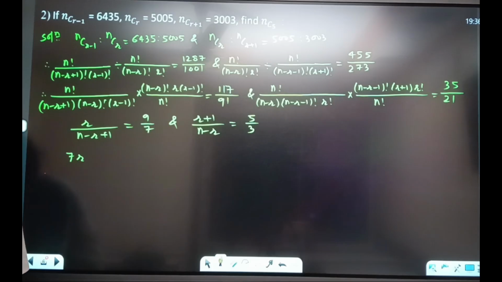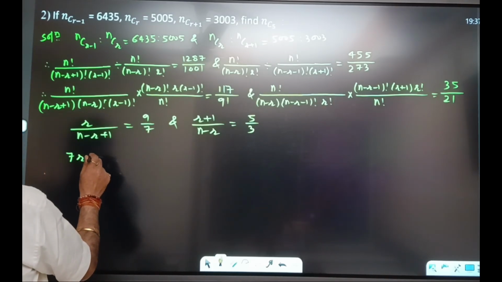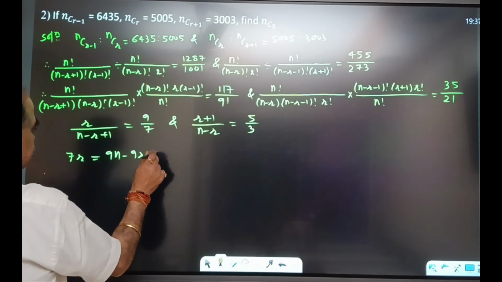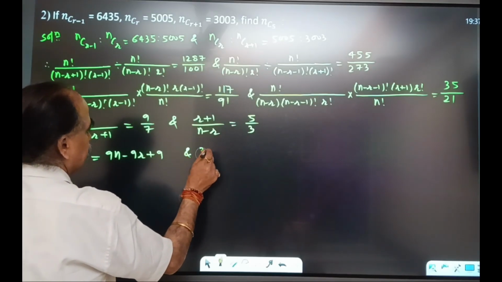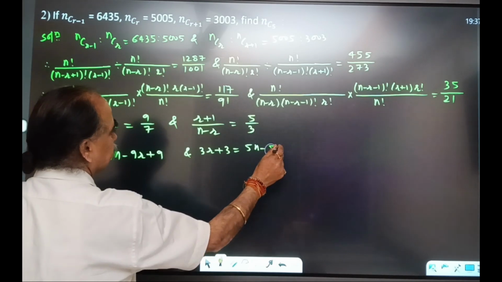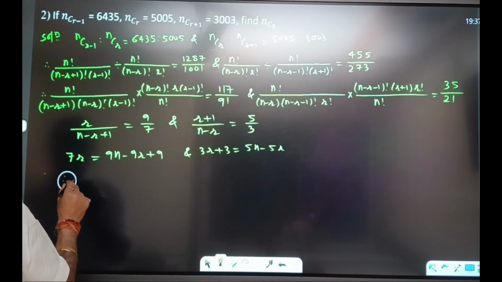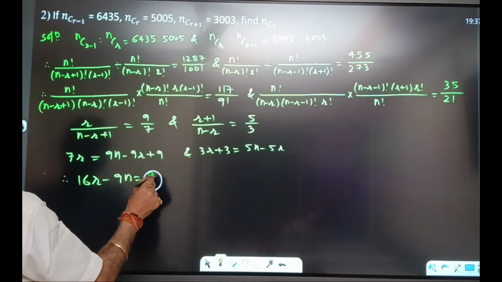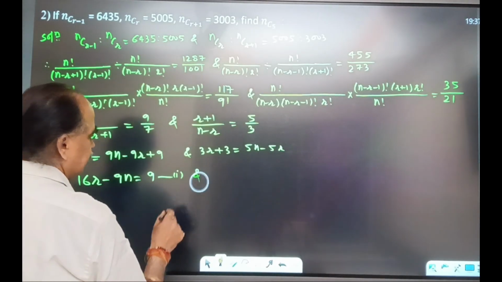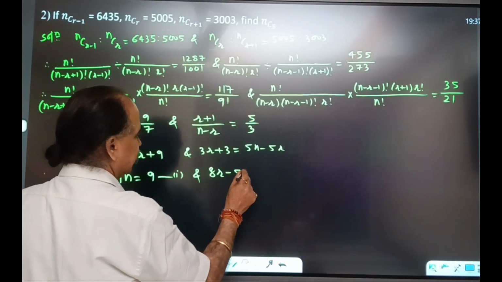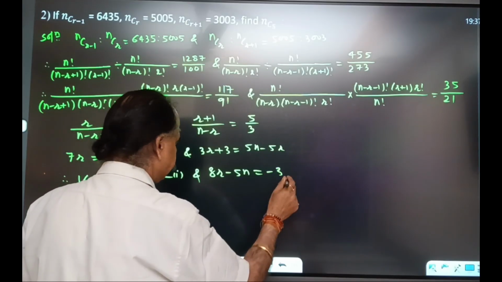7r is equal to 9n minus 9r plus 9, 3r plus 3, 5n minus 5r, 16r minus 9n equals 9, equation number 1, and 8r minus 5n is equal to minus 3.